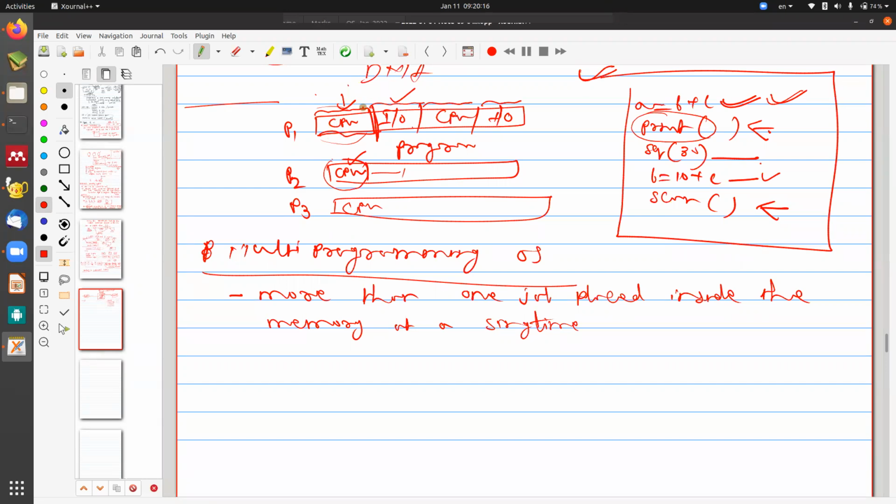So every job is a combination of CPU oriented and IO oriented work: CPU related work plus IO related work. Yes, and when one job is executing its CPU related work, then it is executing.